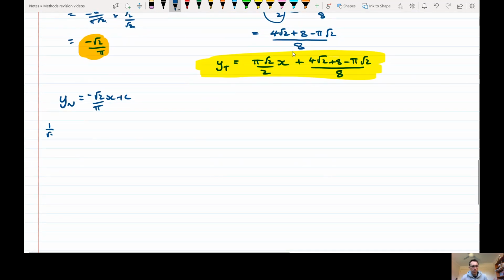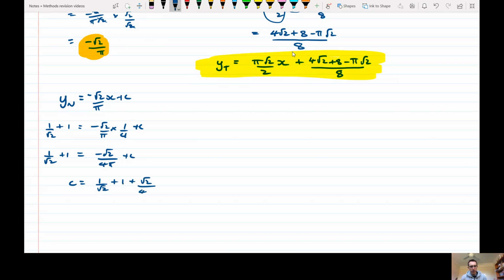So 1 on root 2 plus 1 equals negative root 2 on pi times a quarter plus c. 1 on root 2 plus 1 equals negative root 2 over 4 pi plus c. And then to get c, you can add it across here. 1 on root 2 plus 1 plus root 2 over 4 pi.